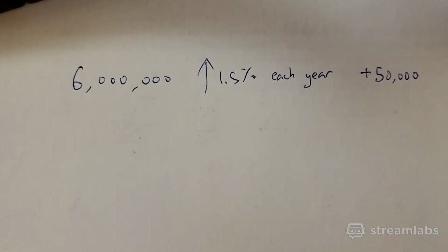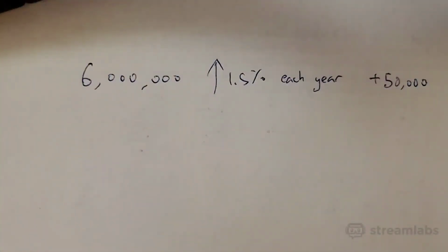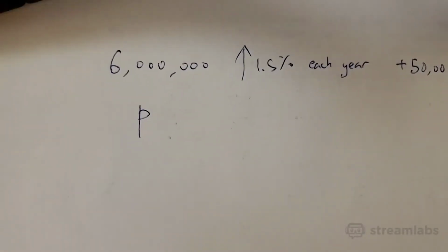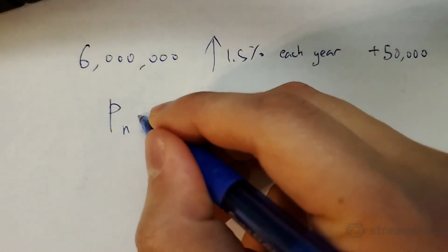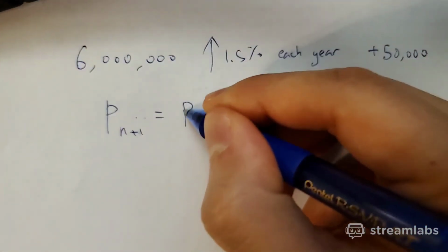So there are 2 parts to this problem. Number 1 is that you have a population growing linearly and exponentially, okay? So they first want a recursive formula because recursive is easier to do here. What we will do is Pn plus 1. Usually I like to start with n plus 1, but you can do n and n minus 1.